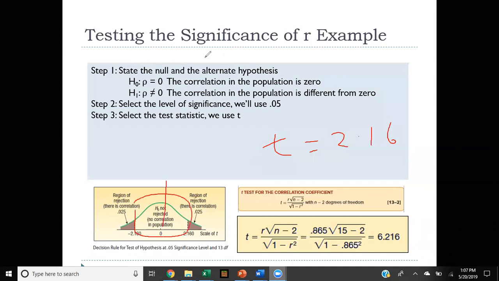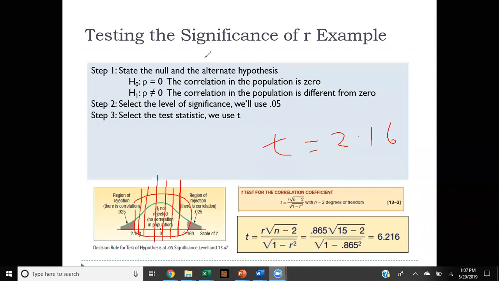So if this was a sample mean, you're hoping that your population mean will fall anywhere within this region. And that way, you can come to a conclusion that the correlation in the population is 0.